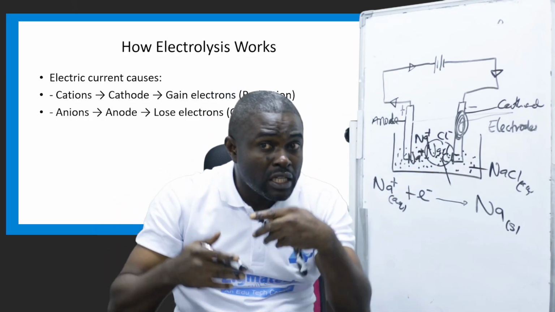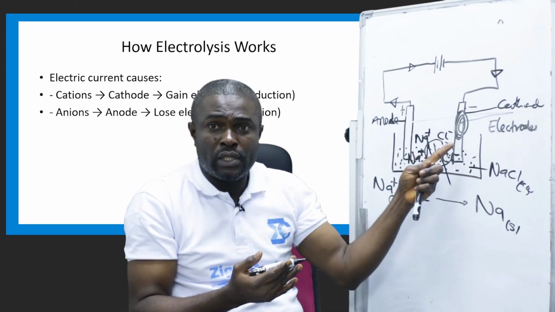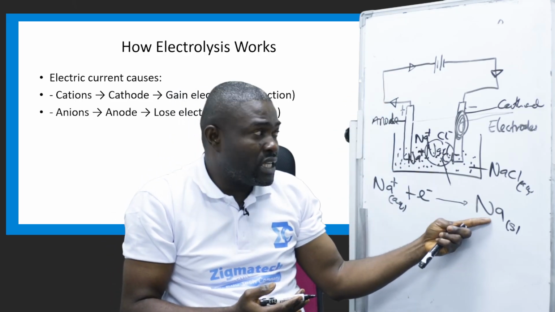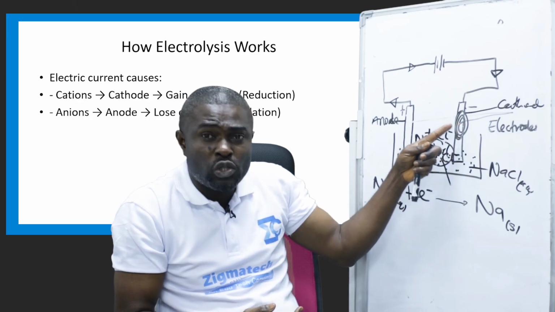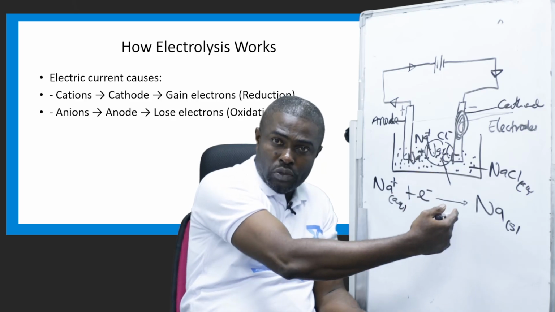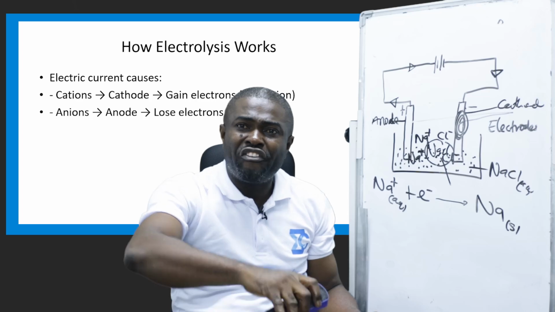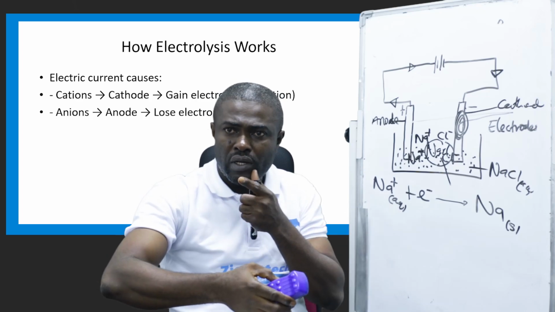And I said that chemical can be an element, just like what has happened now. After this reaction, sodium as an element, which is a chemical, gets itself deposited at the cathode. So this is actually happening at the cathode. So we call it cathodic half reaction. The equation is cathodic half equation.